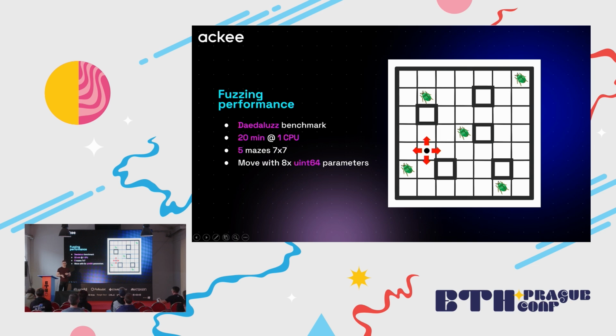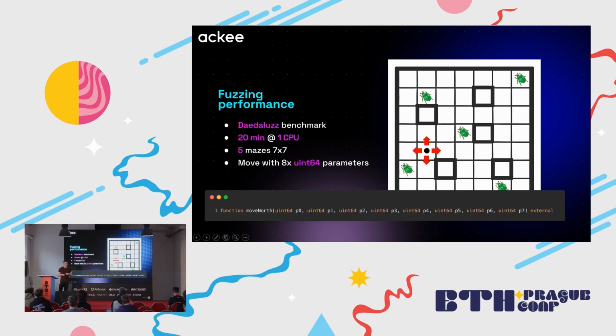And depending on these parameters, we may either find a bug or not. So finding a bug depends not only on the location inside the grid, but also on the parameters that we are passing when moving to a specific cell. So yeah, there are also walls sometimes, and we cannot walk over the walls, obviously.